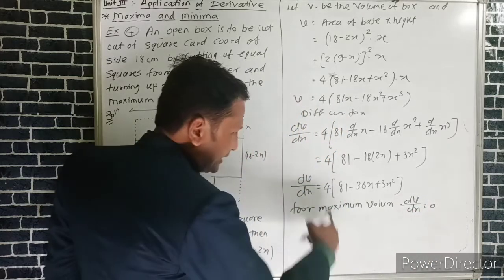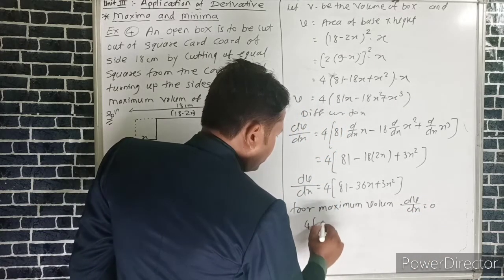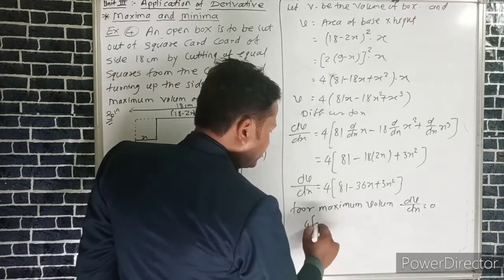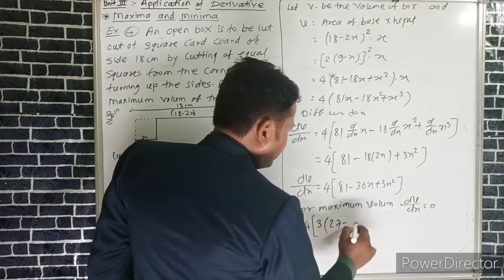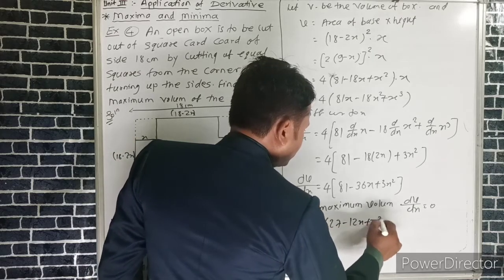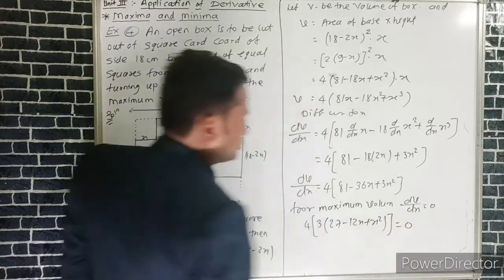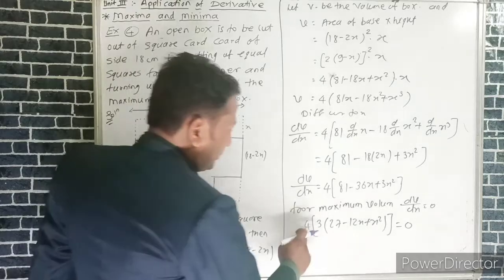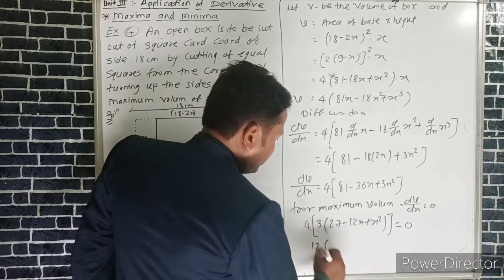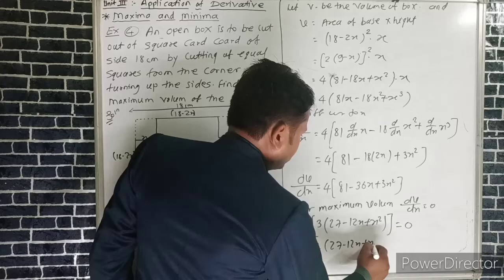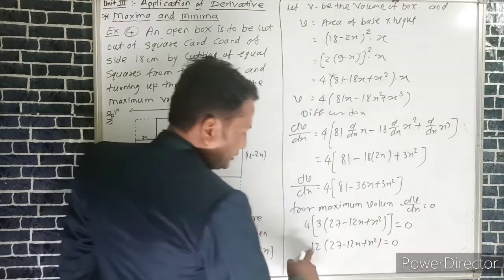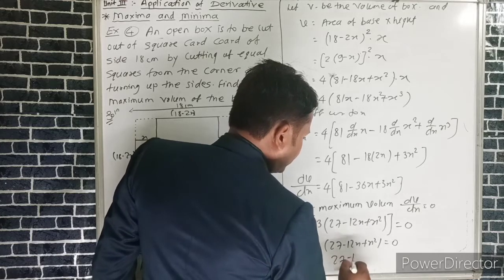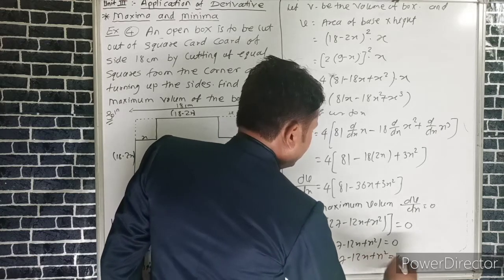That is, we can write 4 into, if we take 3 common from these three terms, 3 into (27 minus 12x plus x square) is equal to 0, since the value of dV upon dx is 0. If we take 4 into 3, 12, then 0 divided by 12 is 0. We can write 27 minus 12x plus x square is equal to 0.